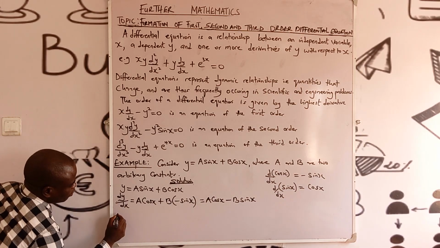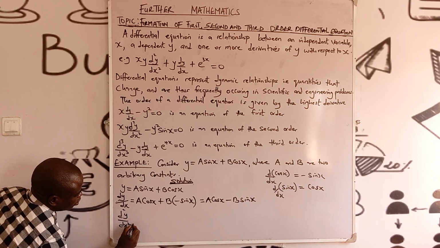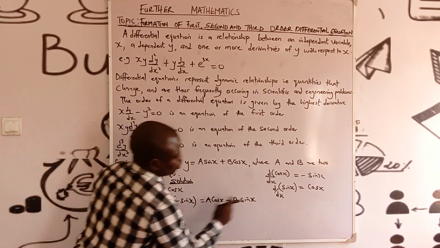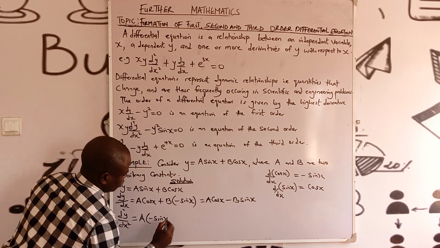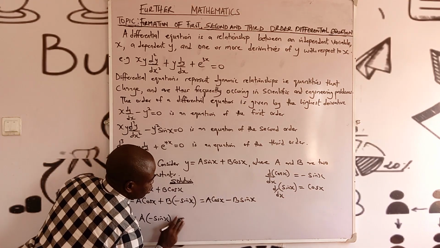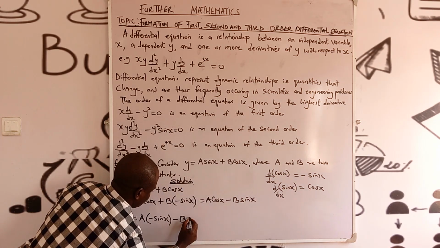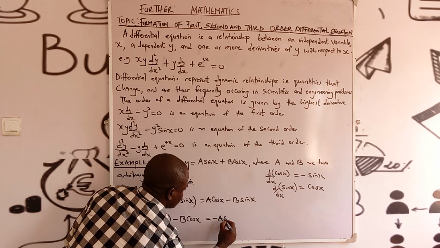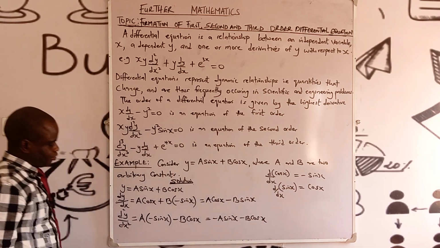Now let's do the second derivative. d squared y over dx squared: differentiating a cos x, we have minus a sine x, and the b term, minus b sine x differentiates to minus b cos x. So we have minus a sine x minus b cos x.